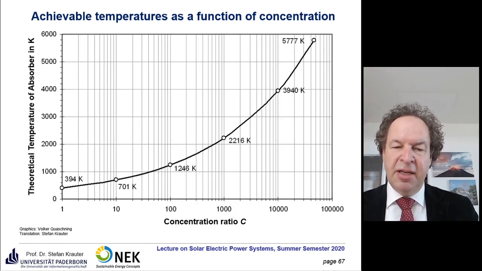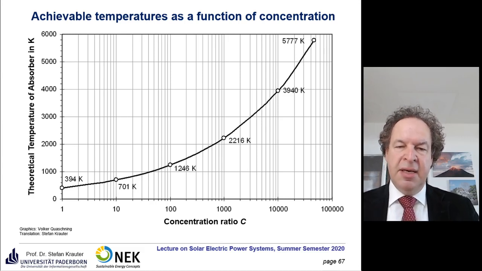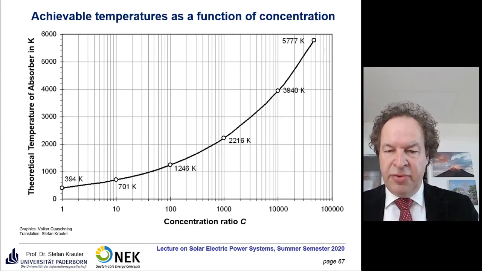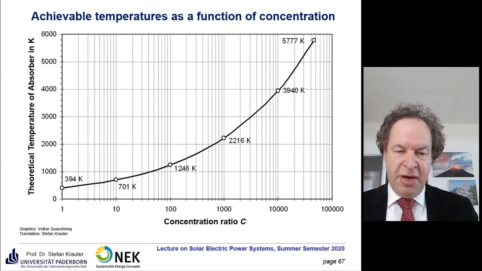The theoretical maximum is the temperature of the surface of the sun. So it's not thermodynamically possible to achieve a higher temperature than your source, which is the sun, and this is 5770 Kelvin. And there you have to have a concentration rate of about 30,000.